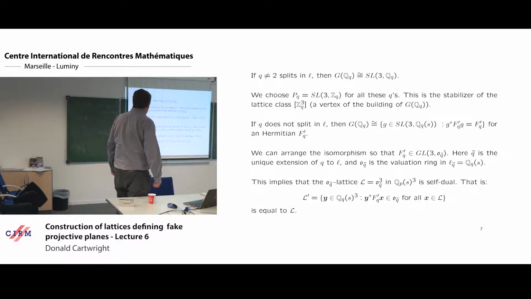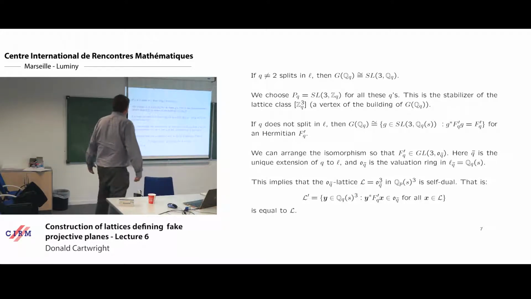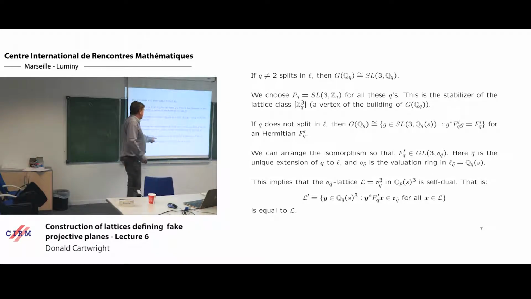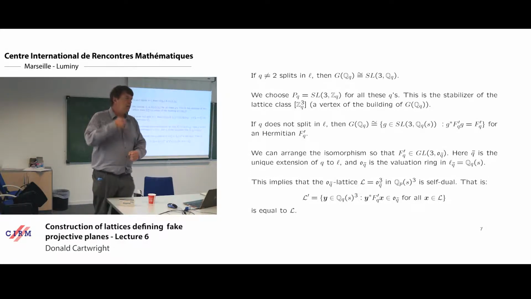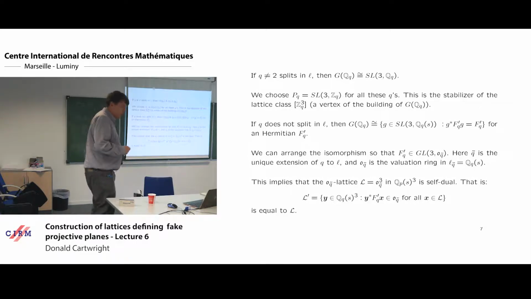Okay. So what we're going to do is choose this lattice as our vertex in the building. We're going to choose our maximal parahoric to be the stabilizer of that vertex. Remember, the vertices are lattices, which are either self-dual or something more complicated.